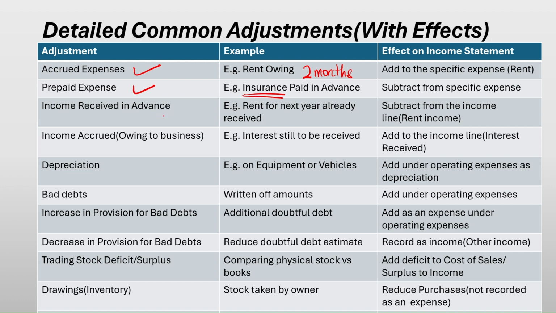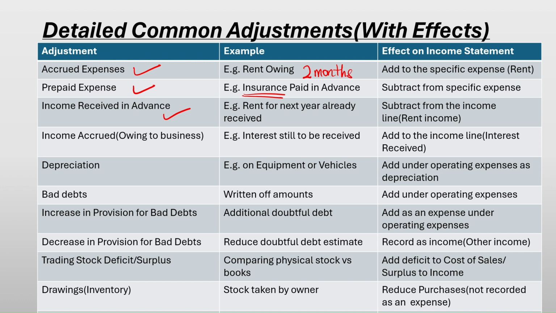Then we also have income received in advance. If you have received your income in advance, for example rent for next year, and we are doing a trial balance for this year, but you've already received the rent for next year, then when you're doing an income statement for this year you need to exclude that amount, because it shouldn't be part of the rent income.